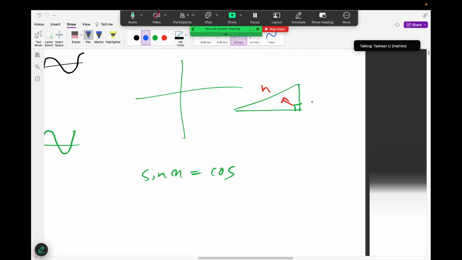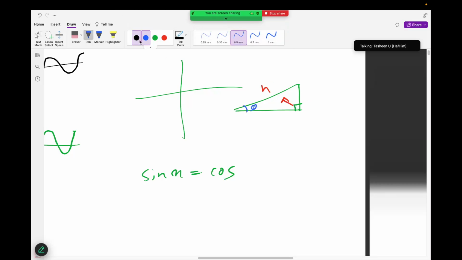And if I choose a certain angle, this is theta, the side opposite to that is what we call opposite, and the side adjacent is called adjacent, and sine theta is equal to opposite by hypotenuse. So if I want to get the same value, opposite by hypotenuse, by using cos, what would that cos thing be?